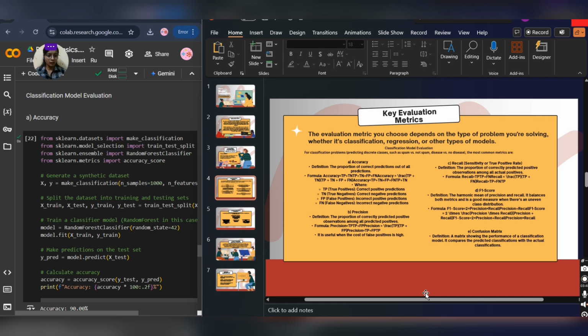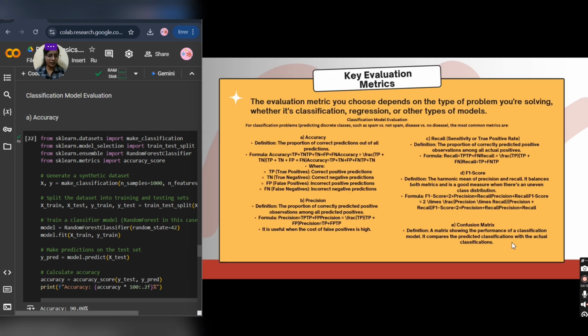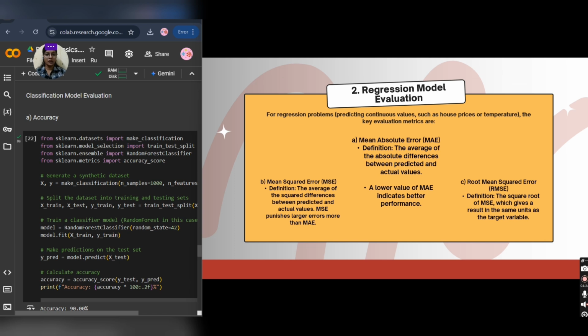The formula for F1 score is F1 equals 2 times precision times recall divided by precision plus recall. Confusion matrix is defined as a matrix showing the performance of a classification model. It compares the predicted classification with the actual classification.